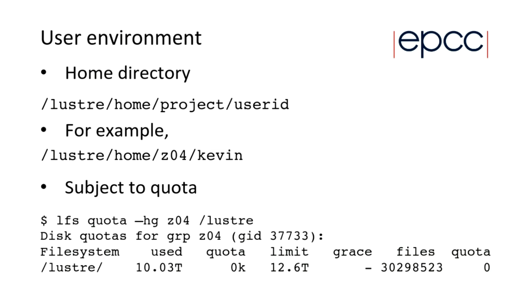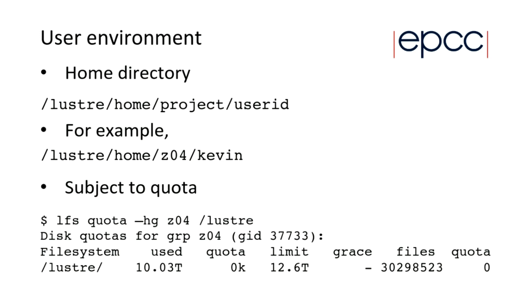When you land in your home directory, you should see that your home directory is something like /lustre/home. Then there'll be a project followed by a user ID. So for example, I'm in project Z04. My username is Kevin, and so that's my home directory there.